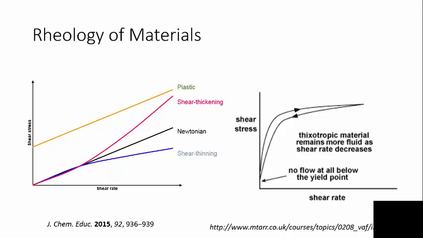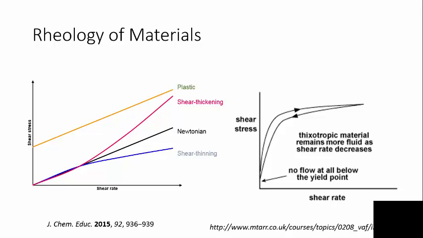On the other hand, you could have a material that is shear thinning or pseudoplastic, that the faster you pull it, the less viscous it gets. An actual plastic could be Newtonian, but starts with a non-zero shear stress. So it's a solid at the particular temperature you're working at, and when you initially apply stress, nothing happens.